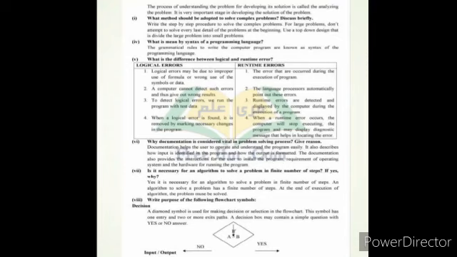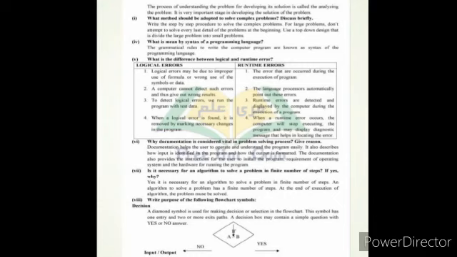Discuss briefly. And question number 4 is what do you mean by syntax of a programming language? Is it necessary to know the syntax for solving a problem on computer?